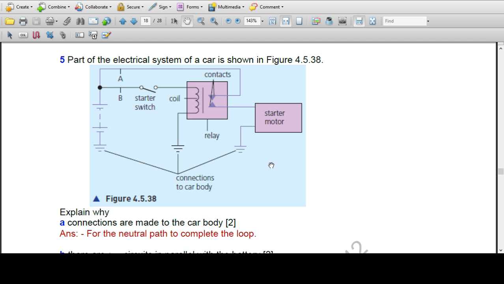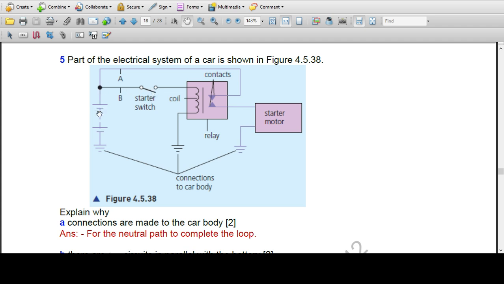Part of the electrical system of a car is shown here. Here we have a coil relay, and this relay basically starts this motor. When we start the switch, connected by a key inside the car, this makes a circuit.